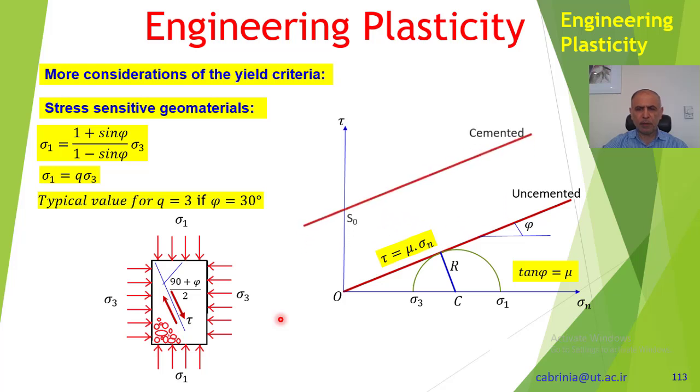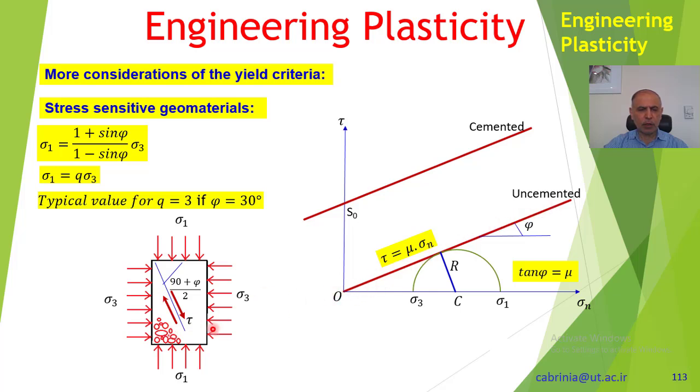But when they are cemented, okay, supposing we pour some cement or glue inside these, and they are all attached to each other, and there is a strength, an increase in the strength between them. Then the new line will be here, and this S0, as mentioned before, is the cohesion strength between these particles, while in here we didn't have any cohesion strength.